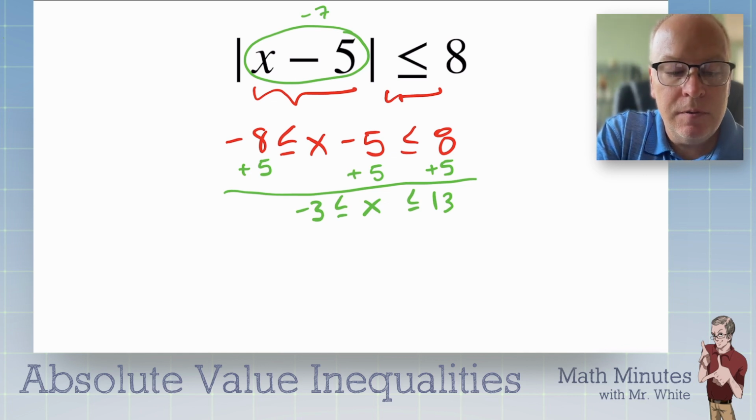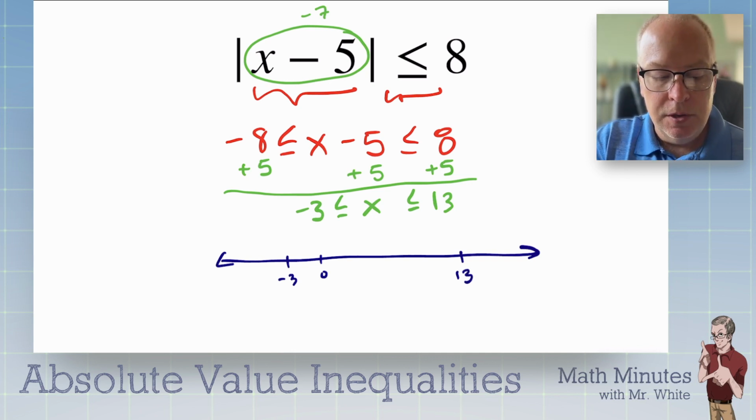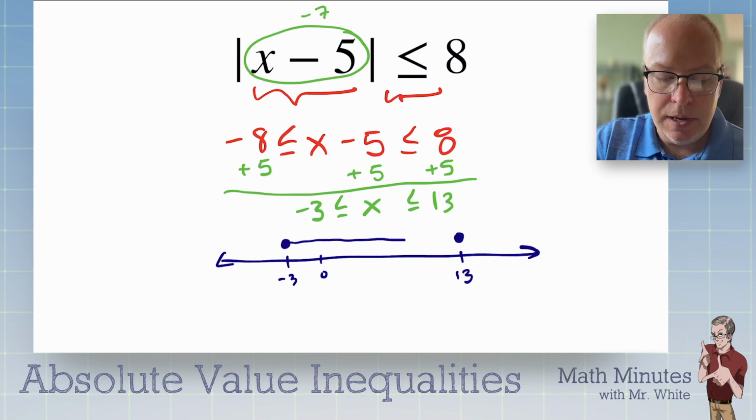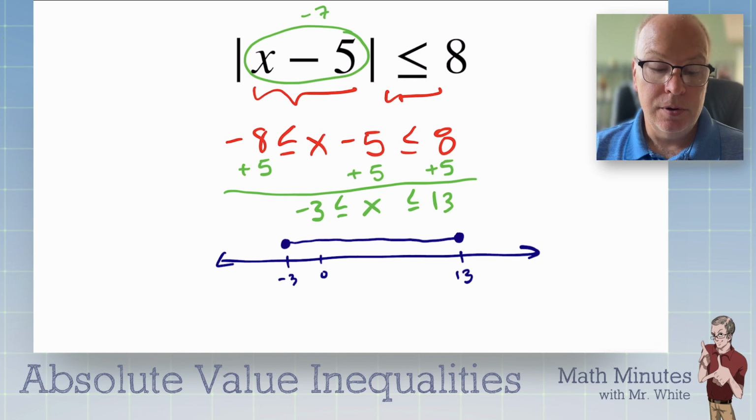And of course, if you draw a number line, here's -3, here's 0, and then 13 would be way the heck up here. This would be everything from -3 to 13. So we draw a line between those. So that's the between that I was talking about there. So everything from -3 all the way to 13.